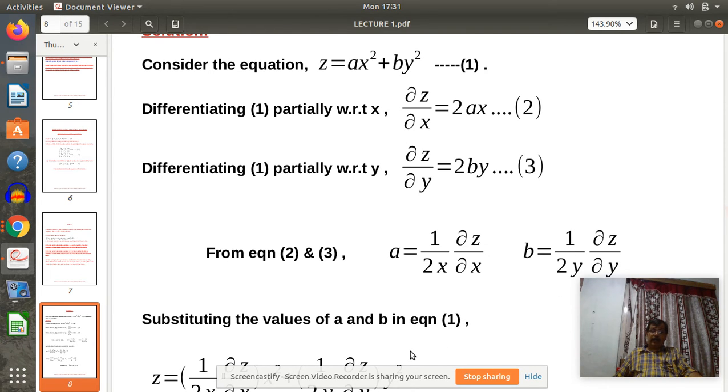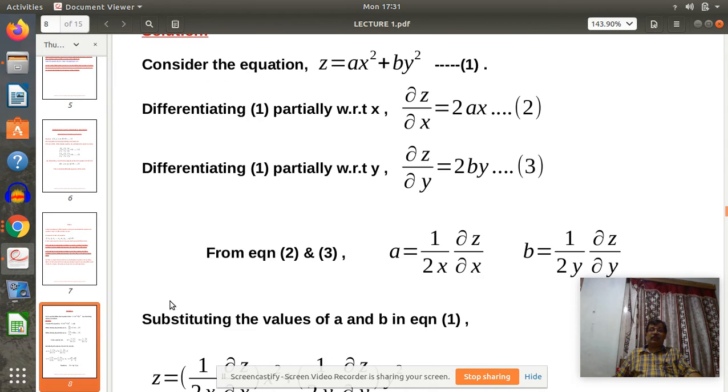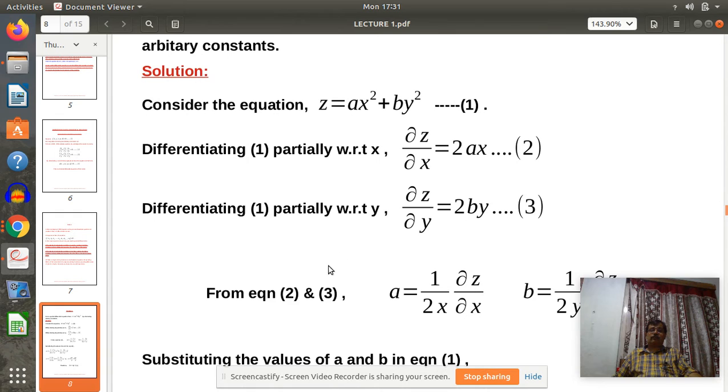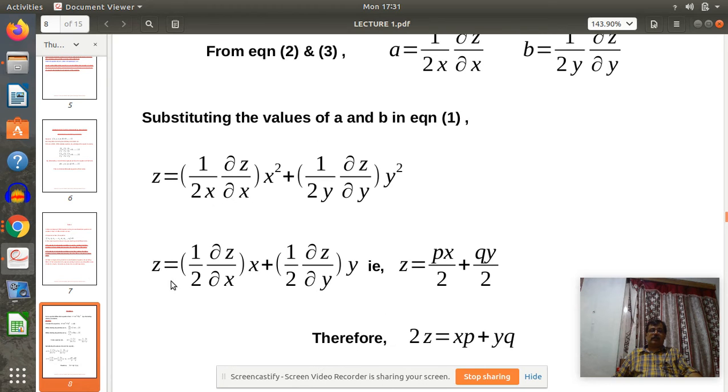Our aim is to eliminate a and b from these three equations. So we substitute these values of a and b in equation 1. Z equal to a, which is 1 by 2x into dou z by dou x, into x square, plus b, which is 1 by 2y into dou z by dou y, into y square. So one x gets cancelled. What you get is 1 by 2 dou z by dou x into x plus 1 by 2 dou z by dou y into y.